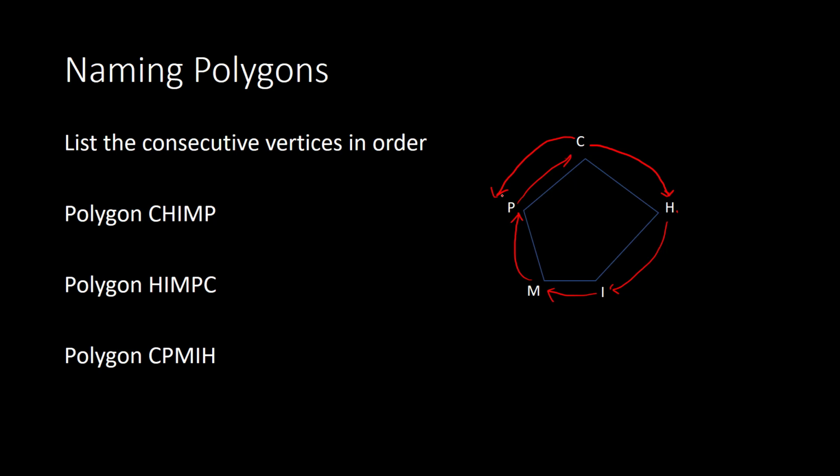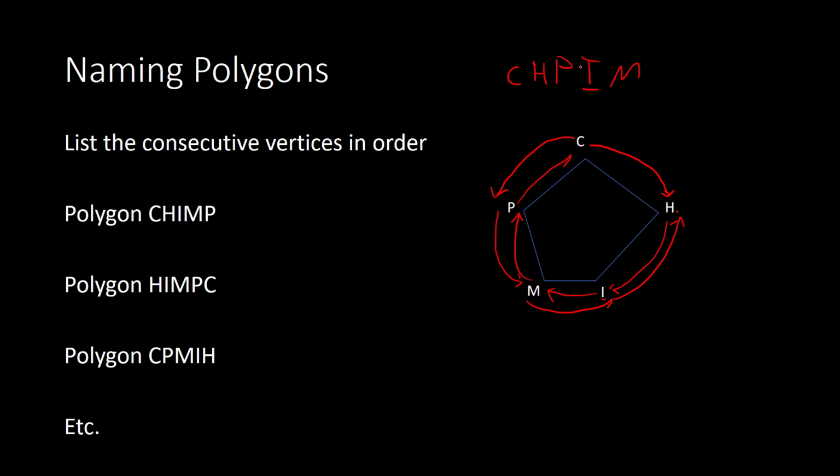So I have C, then P, and then M, and then I, and then H. So it does not matter which letter I start with or which direction I go, as long as we are going in order. So there are multiple ways that we can write this. What would not work would be something like C, and then H, and then jumping over to the P, and then doing maybe I and M. Okay, this is not in order, so this would not be okay.